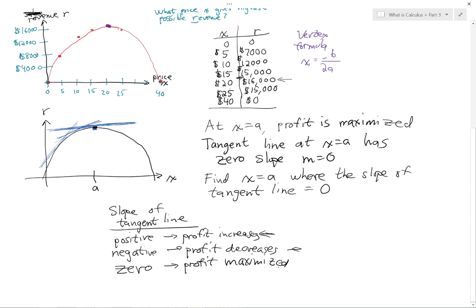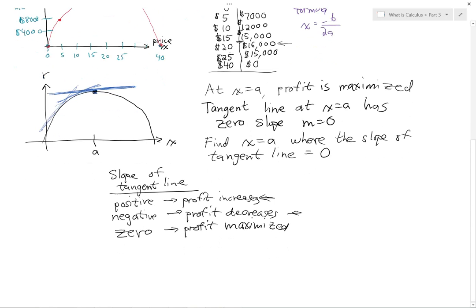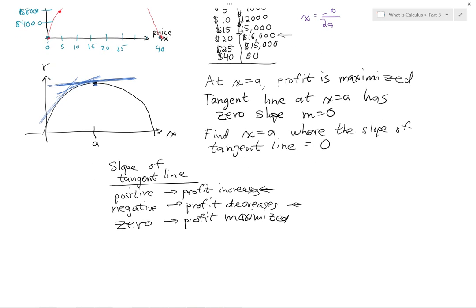So here's what we're going to do. We're going to basically do the same process as we did before. Find the average slope from x equals a to x equals a plus h.